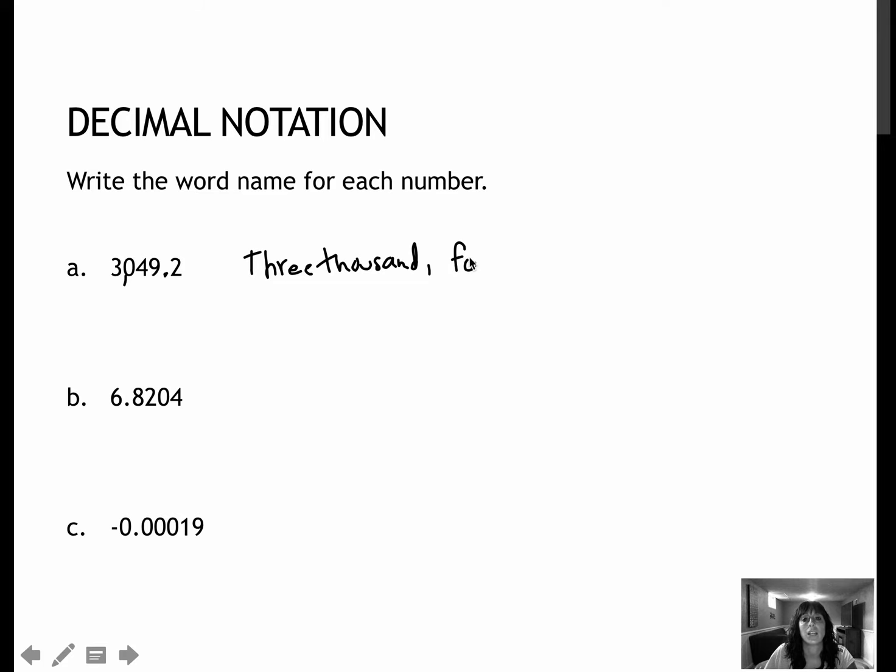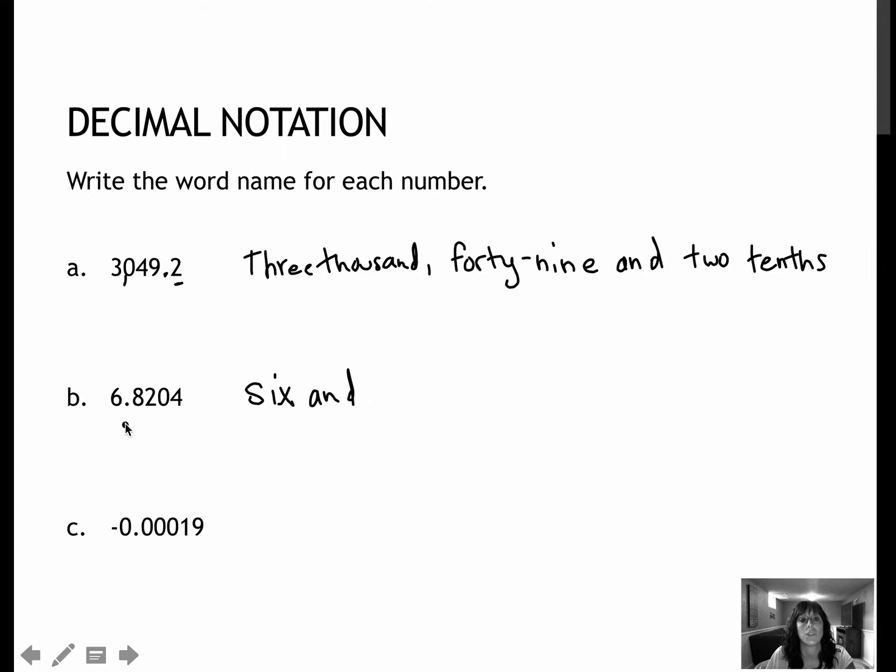And then we have 49. Remember, 49 is going to be hyphenated. Then we have the decimal, so we write "and." And then to the right of the decimal, the number is 2, but 2 what? 2 tenths. 3,049 and 2 tenths.